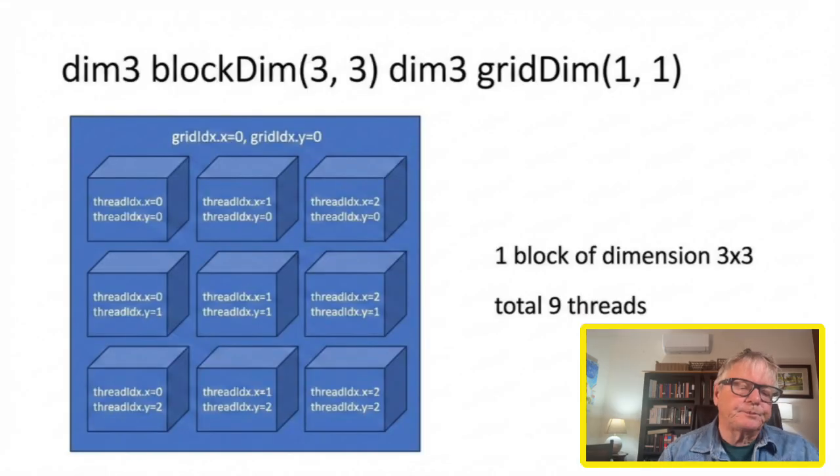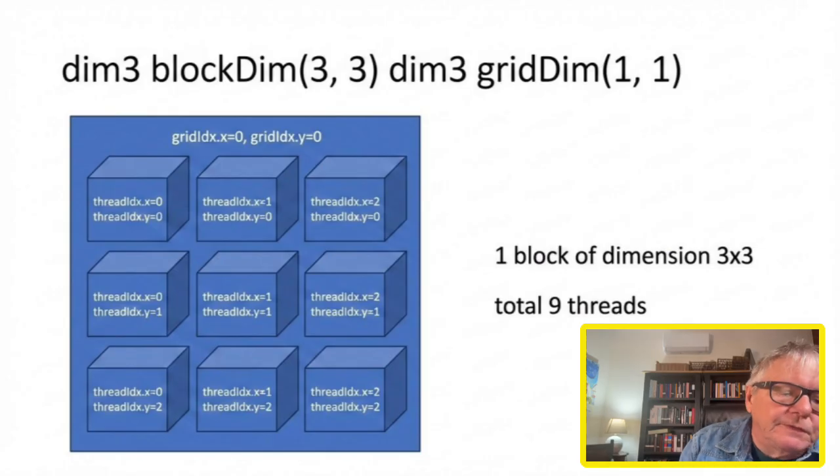Okay, this blue diagram is what we're going to do here. We have a grid dimension of 1 1, so it's just going to be one block of dimension 3 by 3. We just happen to make it that size to line up with the size of the matrices we're going to multiply, to make it a little easier to understand.